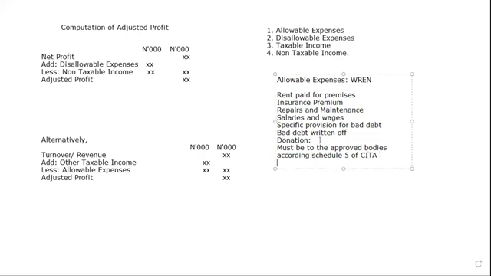Another thing is that donations to funds created by the government for the sake of disaster, emergency, and crisis are allowable, but must not exceed 10% of the assessable profit.